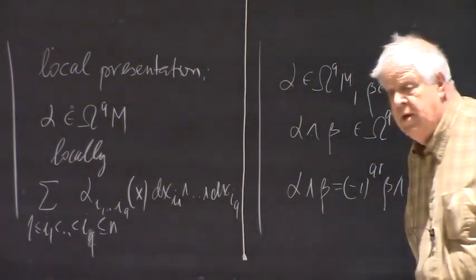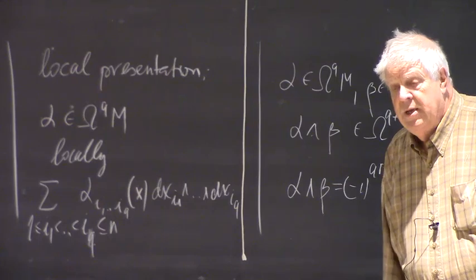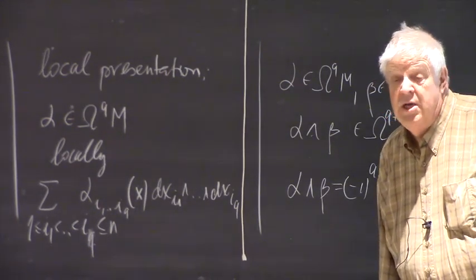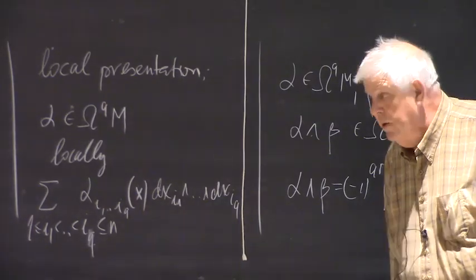Also, associativity holds, and multiplication with the form of degree 0, that is a function, is the usual multiplication by a function, and so on.